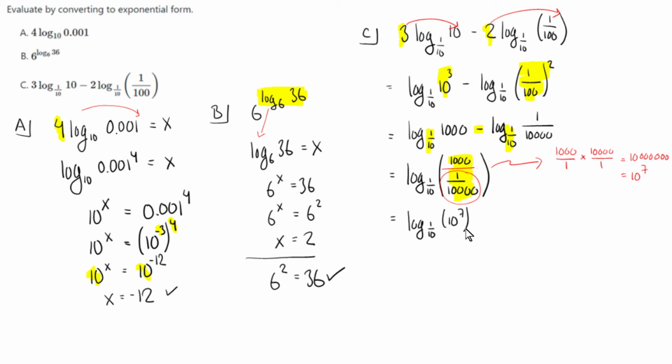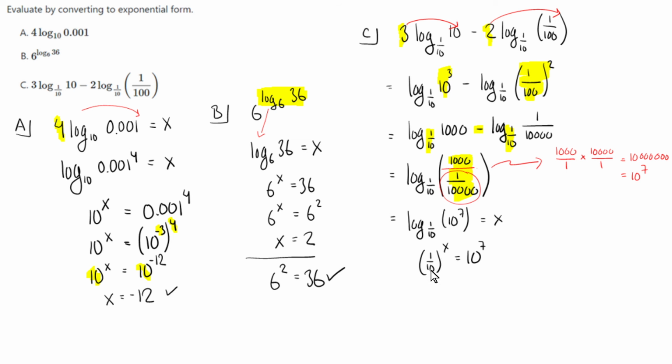So now we can go ahead and try and evaluate this. So we're going to equal this log to x. We're going to convert it to exponential form. So it's going to be 1 over 10 to the power of x equals 10 to the power of 7. On the left-hand side, we can use the negative exponent law.